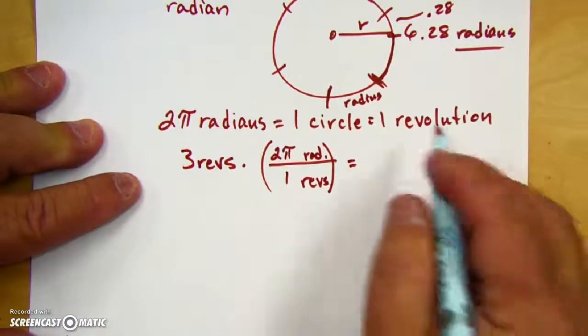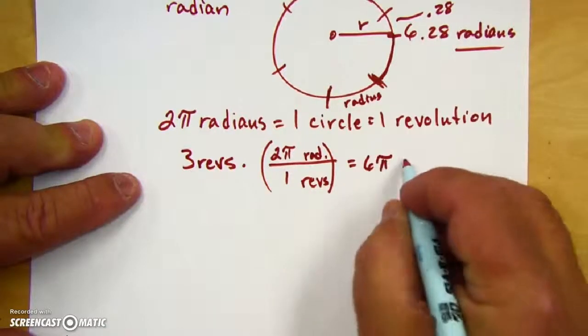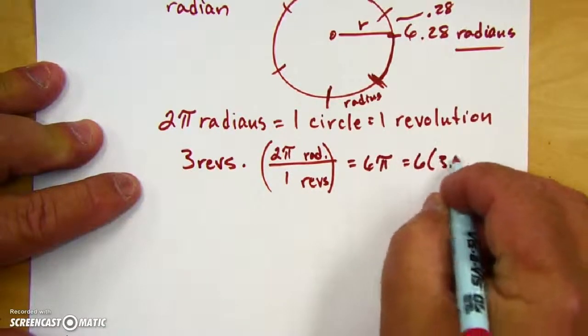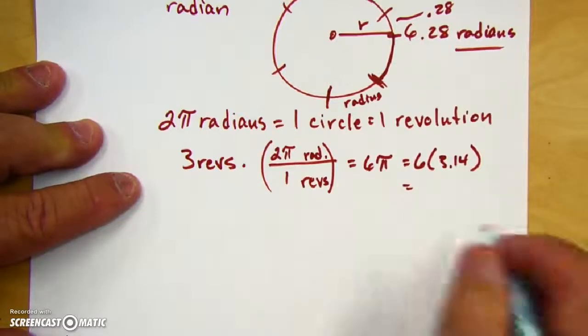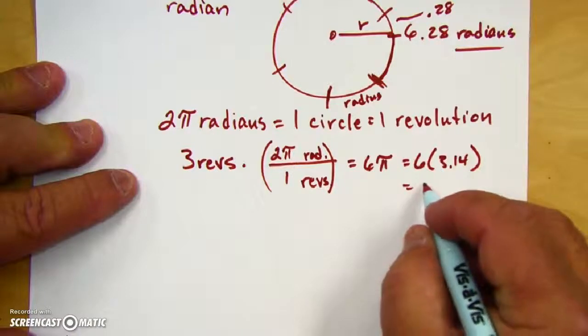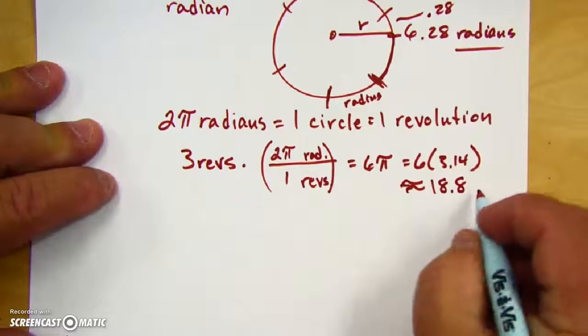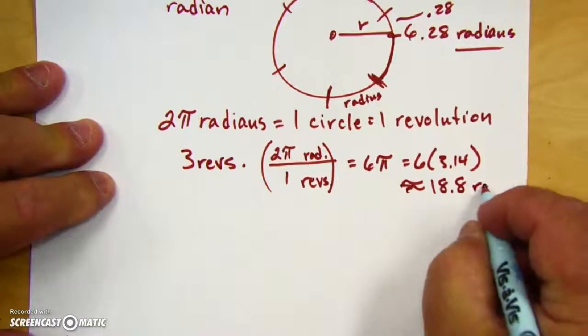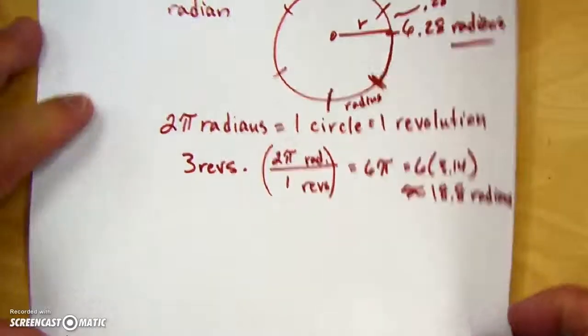So I would have 6 pi, which is 6 times 3.14, about 18.8 radians. Anytime you see pi, that means radians are involved.